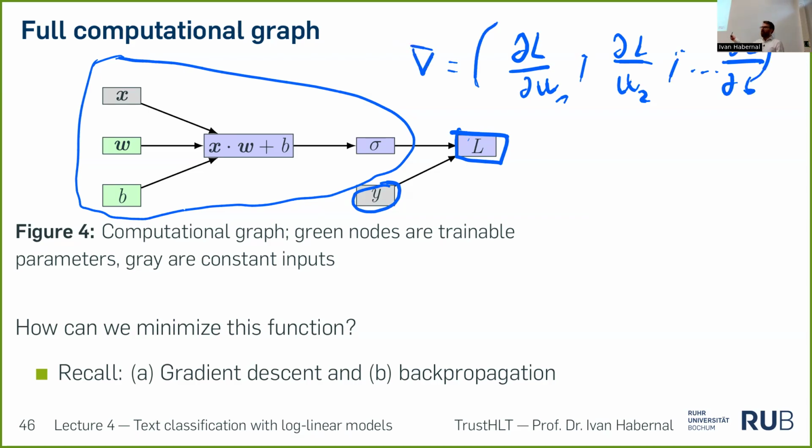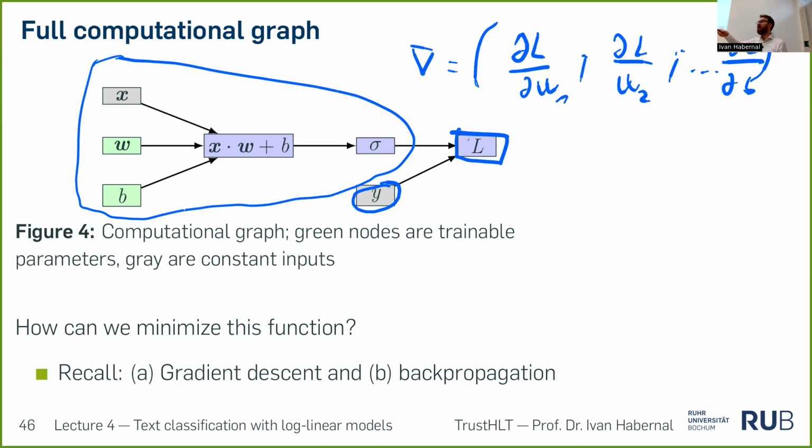We can compute a gradient now on this graph for any input. Awesome. And if we compute a gradient, we can use it to change the parameters in order to minimize the loss. We take a step opposite to the gradient, which will result in a smaller loss.